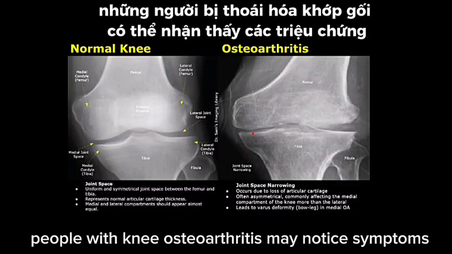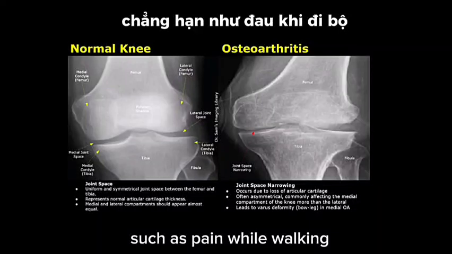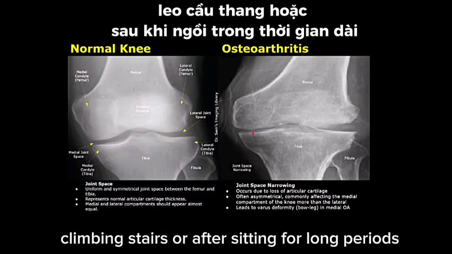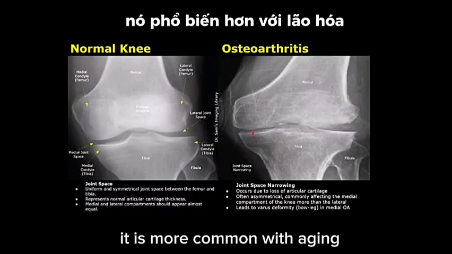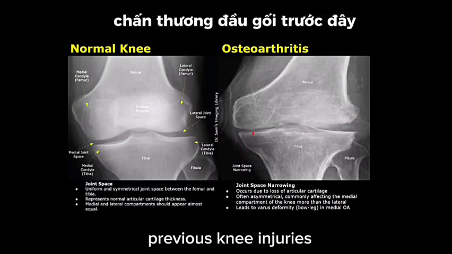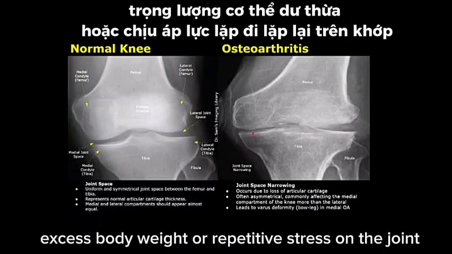People with knee osteoarthritis may notice symptoms such as pain while walking, climbing stairs, or after sitting for long periods. It is more common with aging, previous knee injuries, excess body weight, or repetitive stress on the joint.